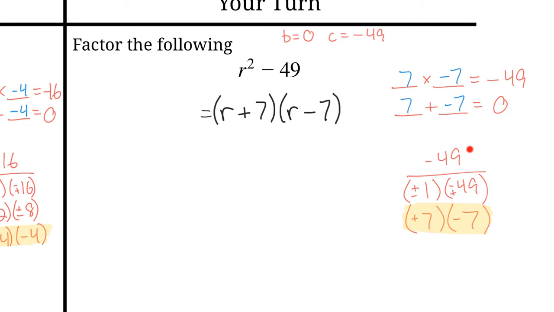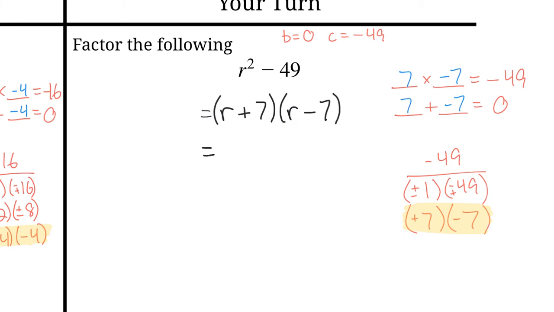So if you listed out the factors, you would get this. But if you didn't list out the factors and you just guessed in your head, that's totally fine. Your numbers should still be a positive 7 and a negative 7. 7 times negative 7 is equal to negative 49, and 7 plus negative 7 is equal to 0. And when we use our two numbers to write in factored form, it's going to be r plus 7 times r minus 7.